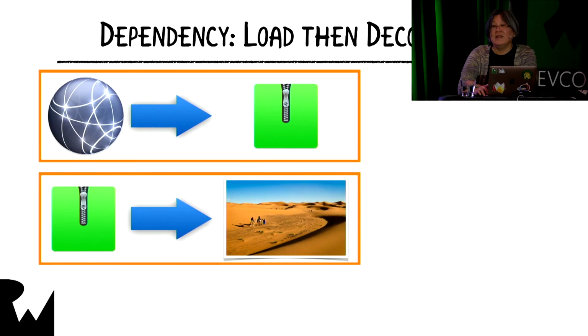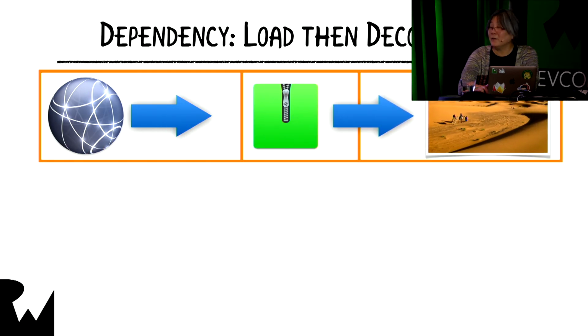Right. Now, dependencies. Suppose your app has an operation that loads a file from a network and another one that decompresses a file into an image. And you can see there that the output of the data loader could feed directly into the decompressor, like that. And operation queues let you chain operations together exactly like that.